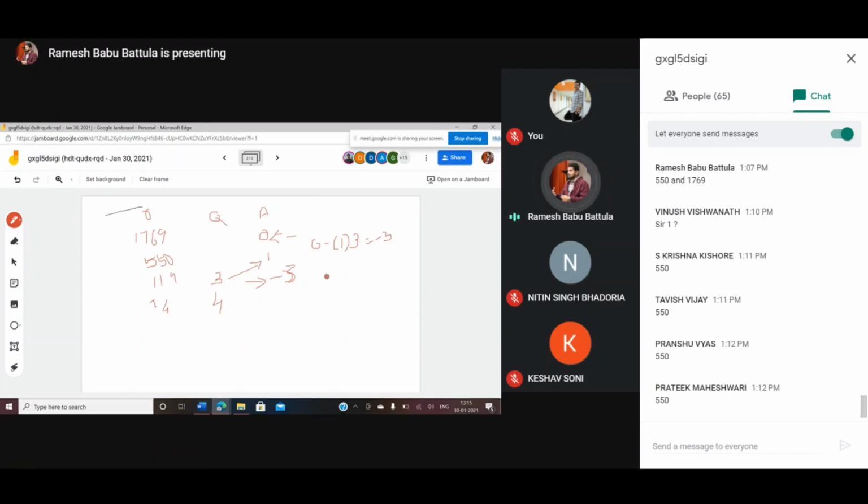Then apply 1 minus 3 into 4, and this is equal to 13. So that 13 will come up here. Continue this until 1 comes here.